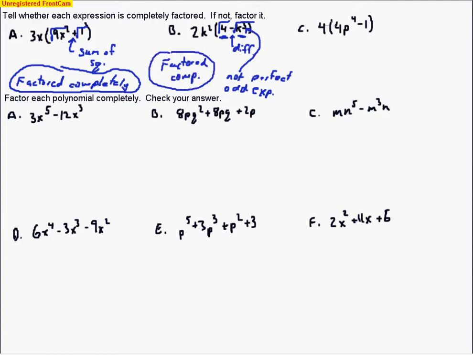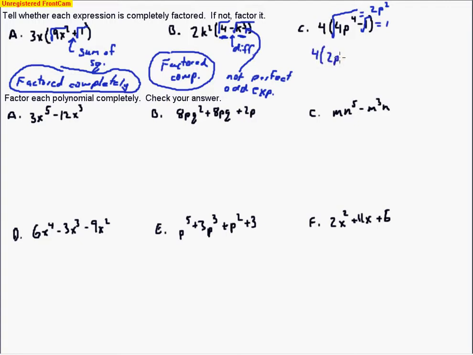And again, they factored out a 4 for us already. Well, we look, and this one's more promising. We have a difference of squares here, the minus sign, and we have 4p to the fourth. This is a perfect square, which is 2, and p to the fourth is a perfect square, p squared. And then we have the 1, and that is a perfect square as well. So this factors to a sum and a difference.